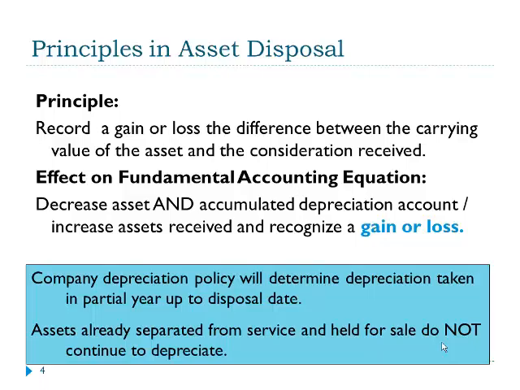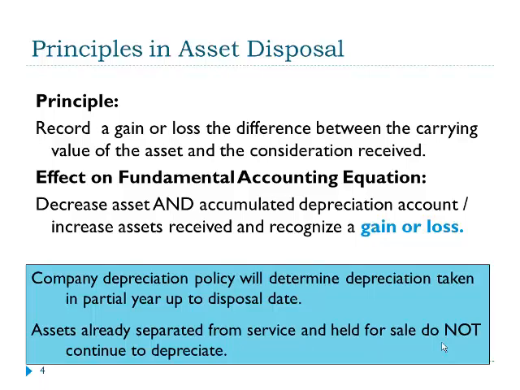Company depreciation policy will determine depreciation taken in a partial year up to the disposal date. Since depreciation is typically taken only immediately before creating financial statements, disposals that happen in the middle of the year may need an adjusting entry to record the depreciation on that asset for the current year that hasn't been recorded yet.